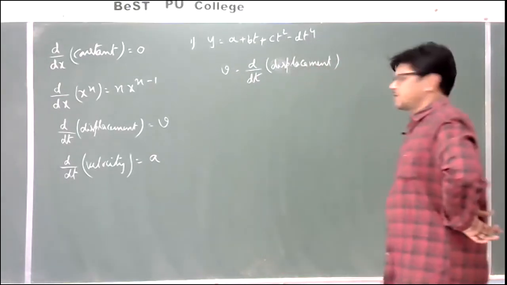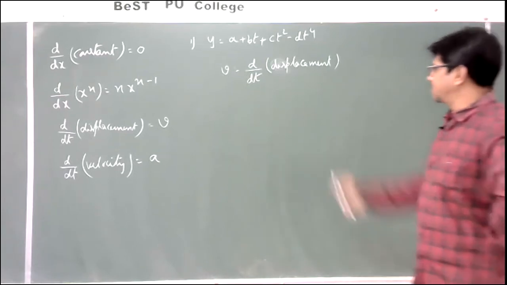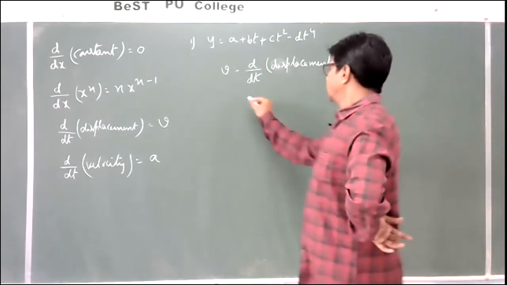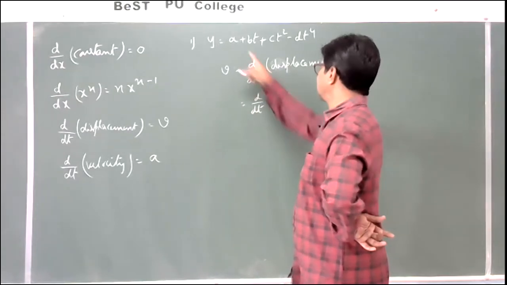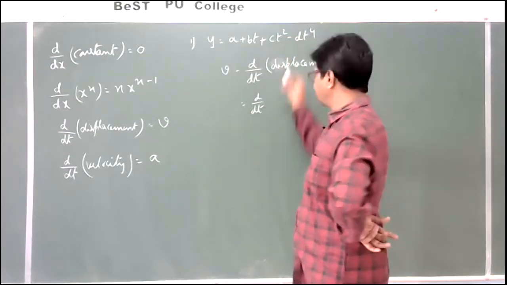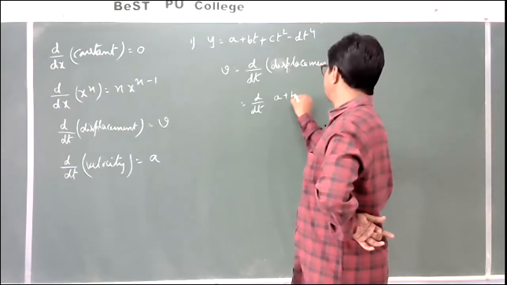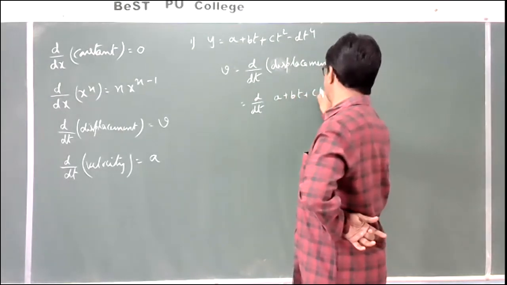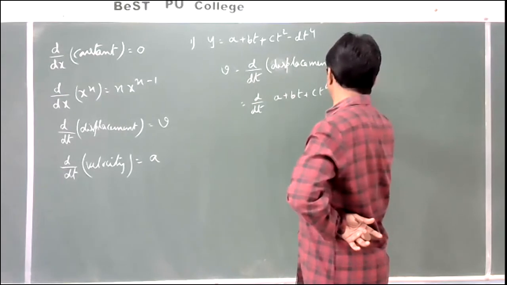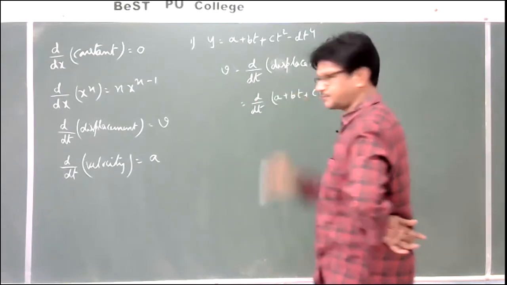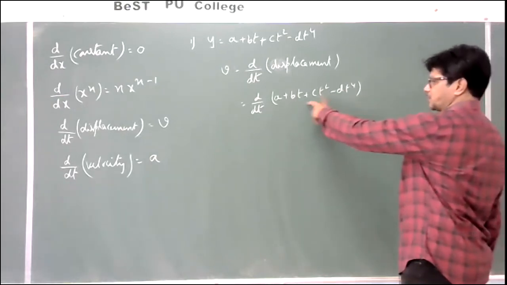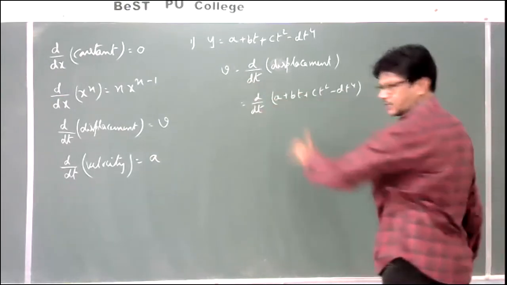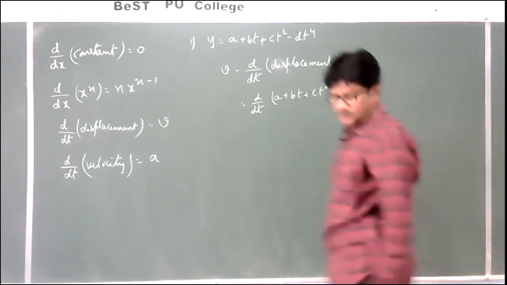V is equal to d by dt of displacement, which is nothing but the expression he gave, a plus bt plus ct square minus dt to the power of 4. Now you differentiate this.